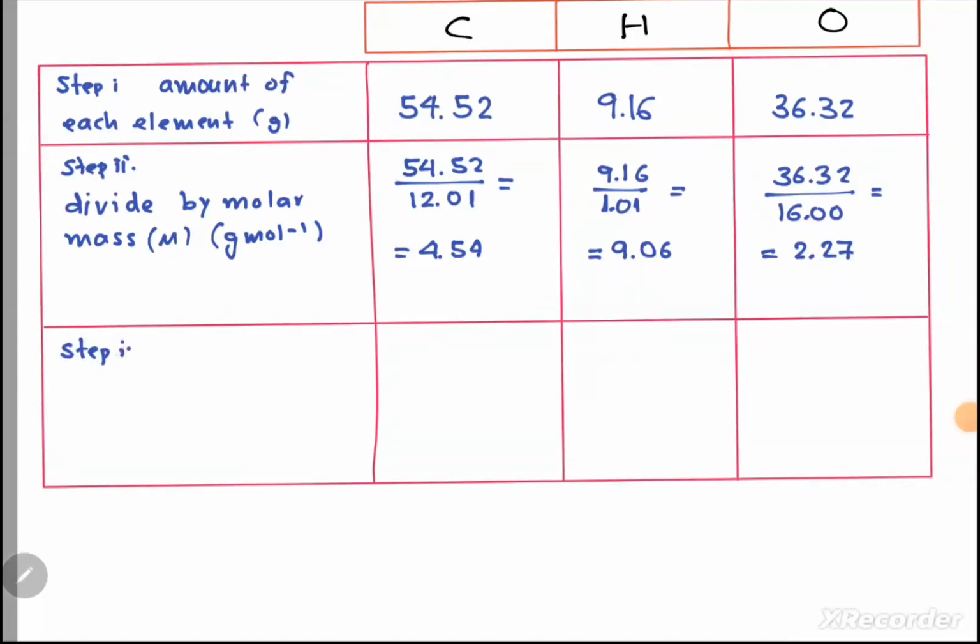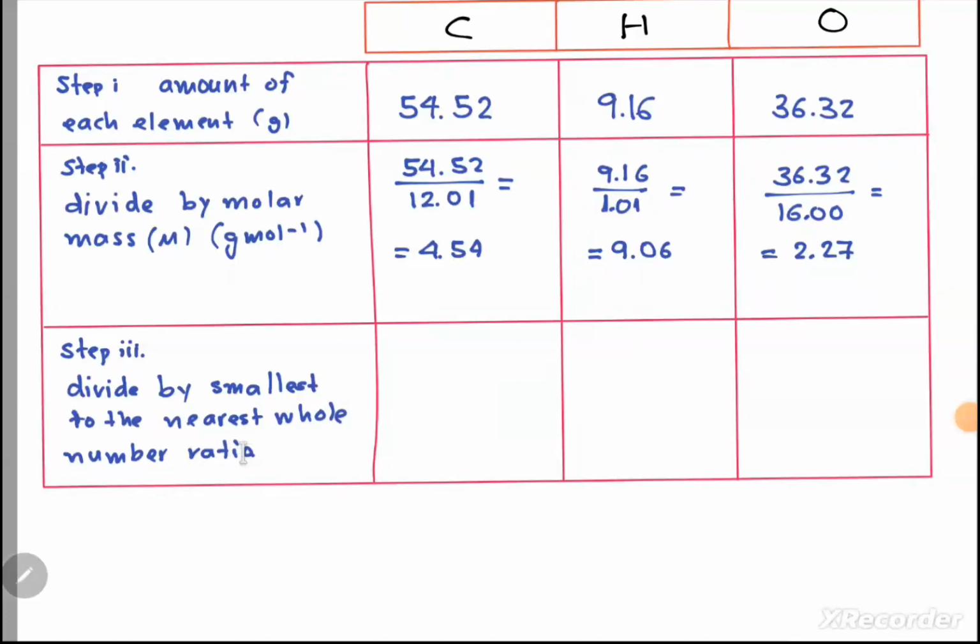In step 3, divide its result by the smallest, to the nearest whole number ratio.